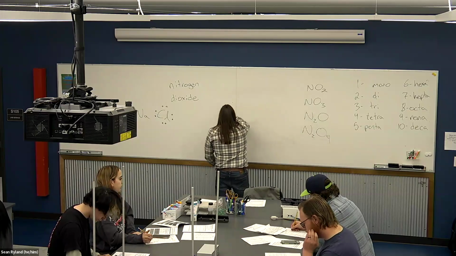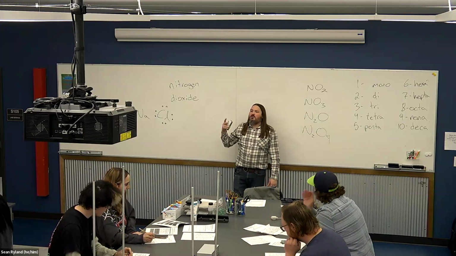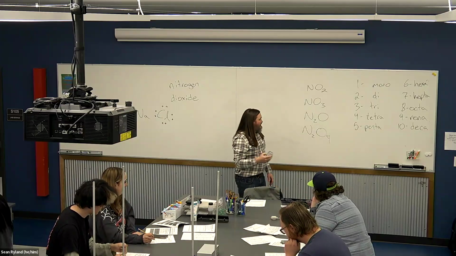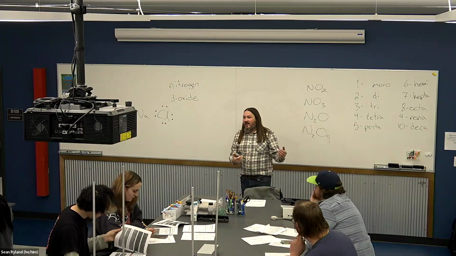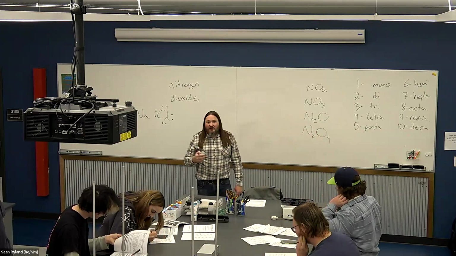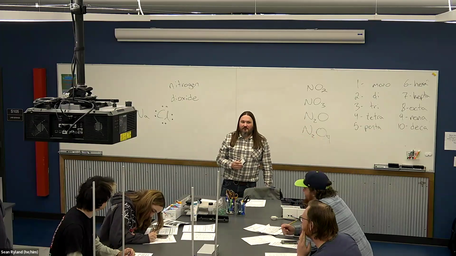The next piece is basically going to add a tweak to ionic nomenclature. So ionic nomenclature is just say the name of the cation, say the name of the anion, which is simple enough as long as we're only using ions that are on the periodic table.